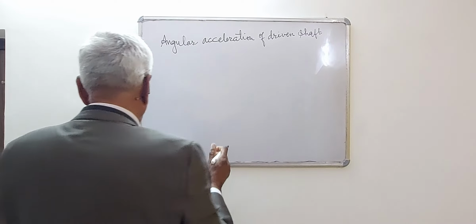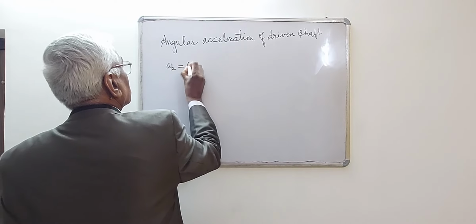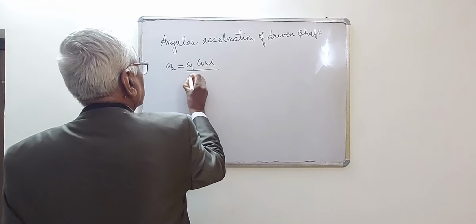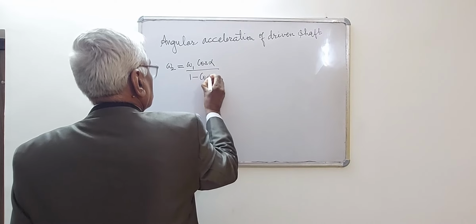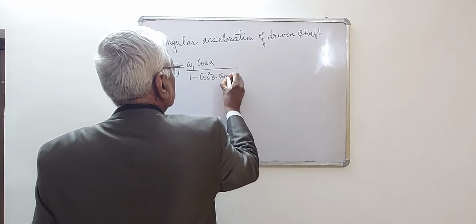We know that the relation is given by omega 2 by omega 1 is equal to cos alpha divided by 1 minus cos square theta into sin square alpha.